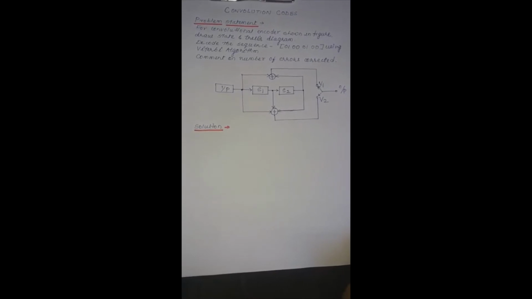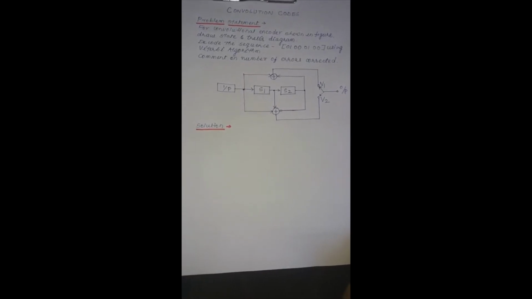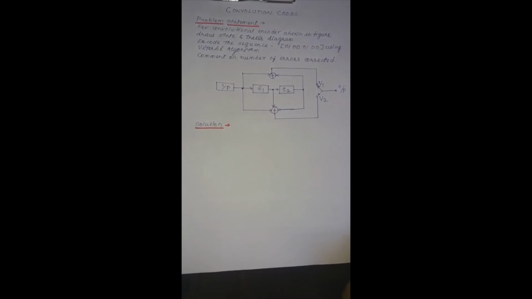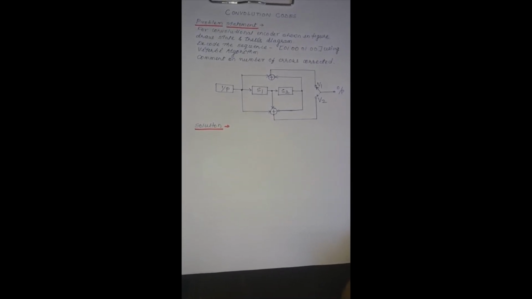The lower modulo 2 adder gets its inputs from three sides: the input signal, output of flip-flop S1 and output of flip-flop S2. Output of the lower modulo 2 adder is denoted by output V2.